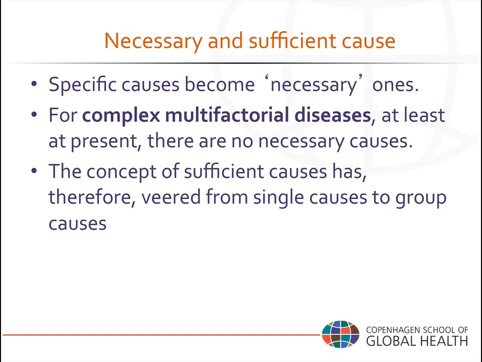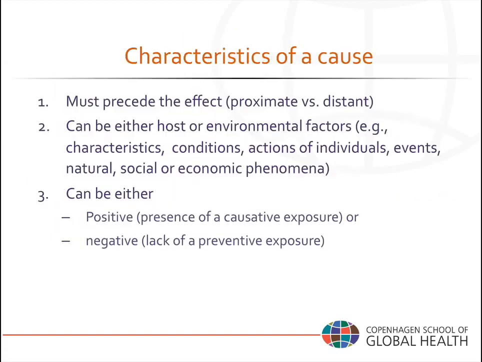However, for complex multifactorial diseases, such as, for instance, obesity, at least at the present, we don't have necessary causes. Therefore, the concept of sufficient causes has veered from single causes to explain disease to group causes or multiple causes. And that is very important for NCD epidemiology.